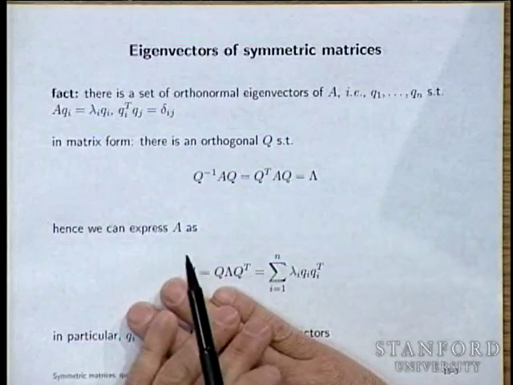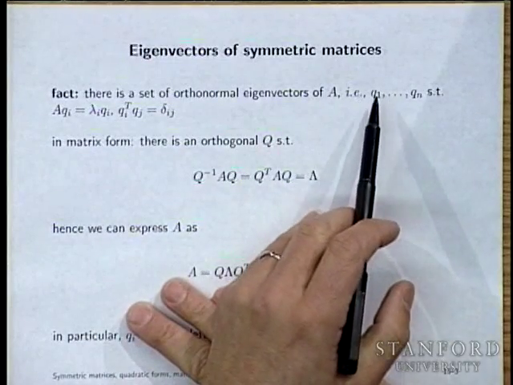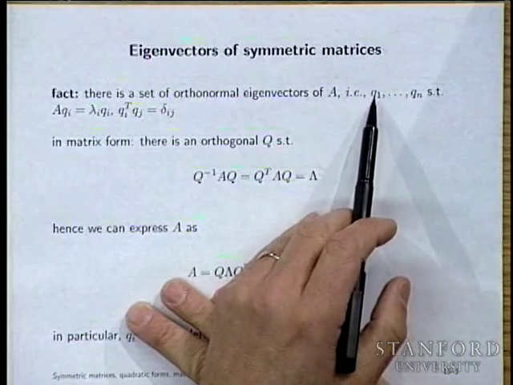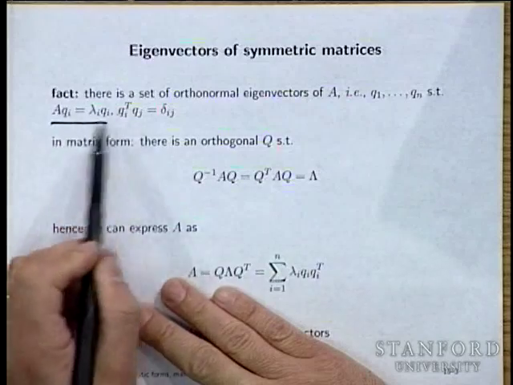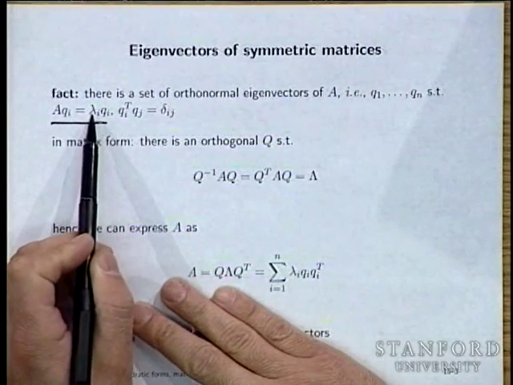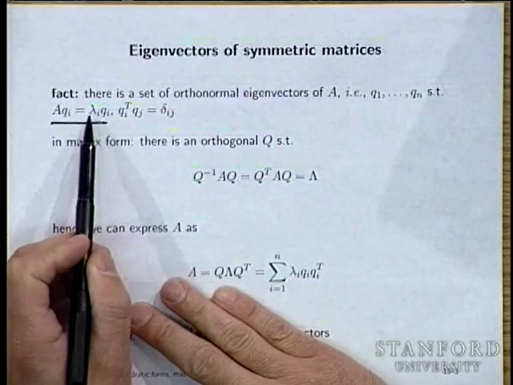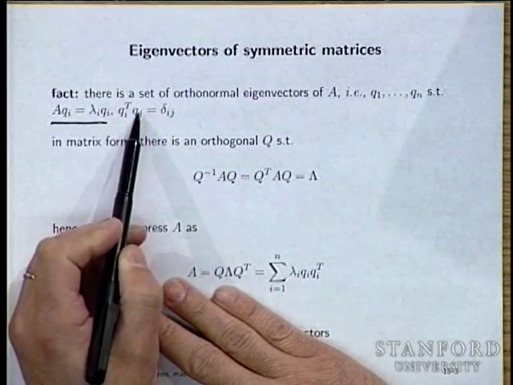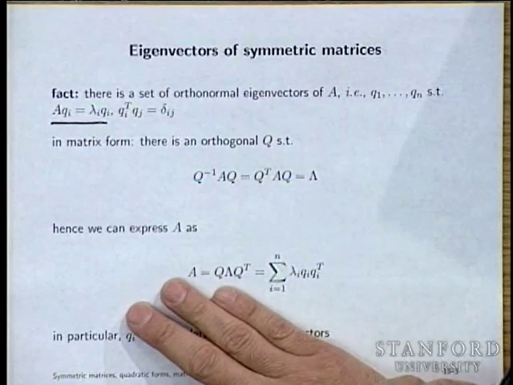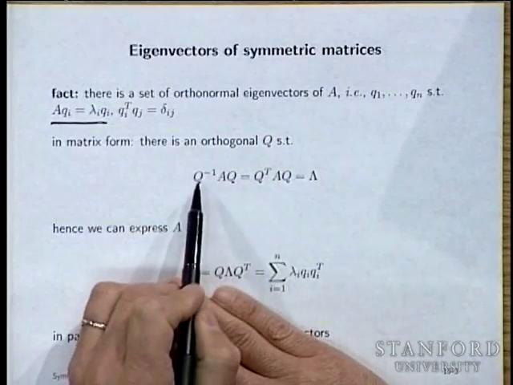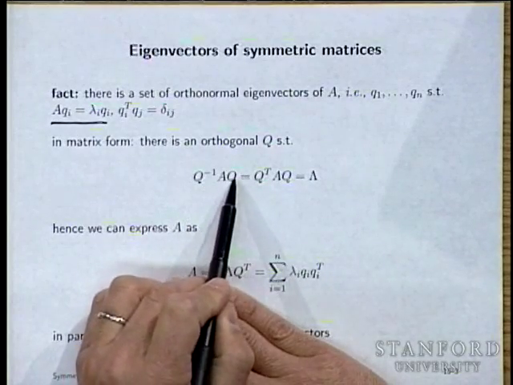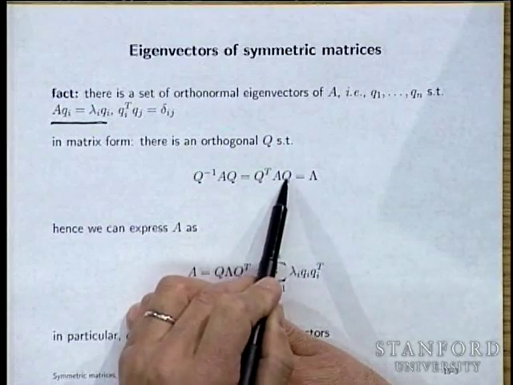So let's see what that says. It says I can choose eigenvectors q1 through qn, which are eigenvectors of A with eigenvalues lambda i, and the qi transpose qj are delta ij. That's the same as saying there's an orthogonal matrix Q for which Q inverse AQ, which is the same as Q transpose AQ, is lambda.